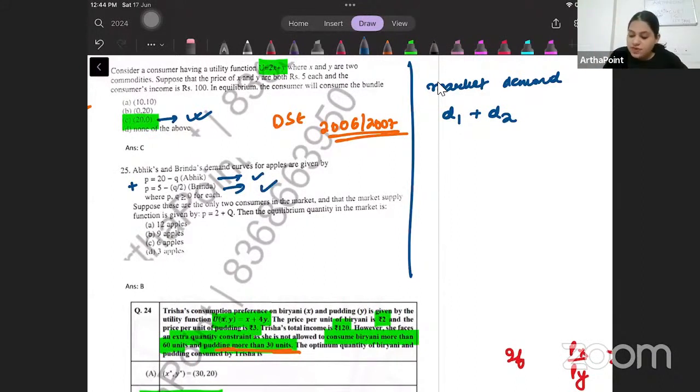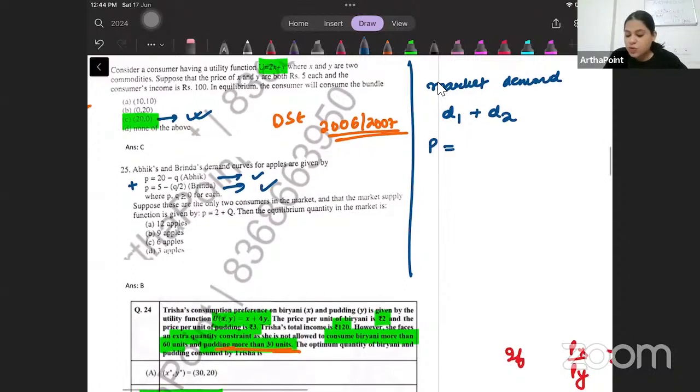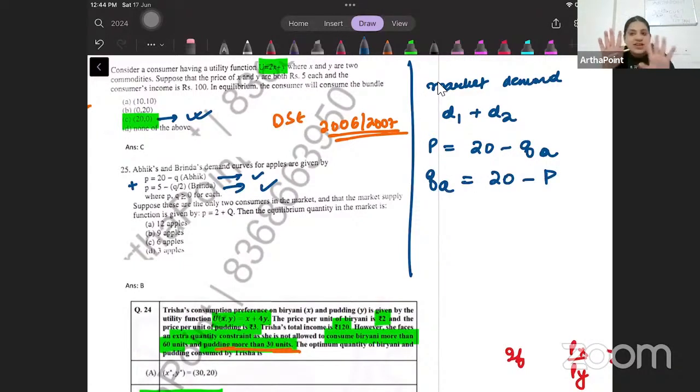So from the first function, if P is 20 minus Q, this is demand of person A, Abhik. So demand of Abhik, if I have to find QA, it will be 20 minus P. Both face the same price, but both have different demands.